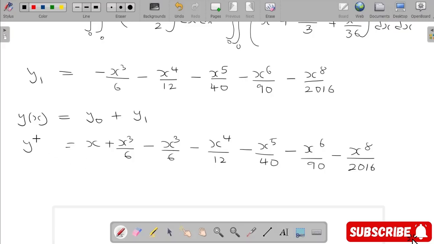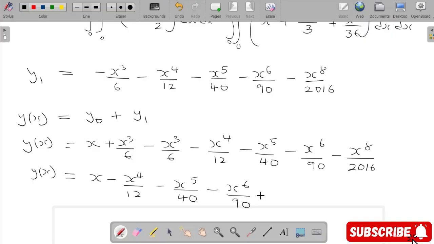Simplifying this will give us a truncated series of the solution: x minus x raised to power 4 over 12 minus x raised to power 5 over 40 minus x raised to power 6 over 90 minus x raised to power 8 over 2016. If more terms are obtained, we will discover that some terms would cancel out as we proceed. Thank you for listening.